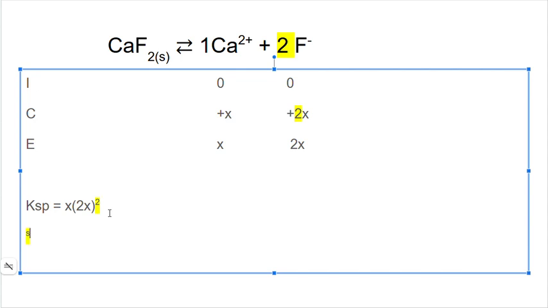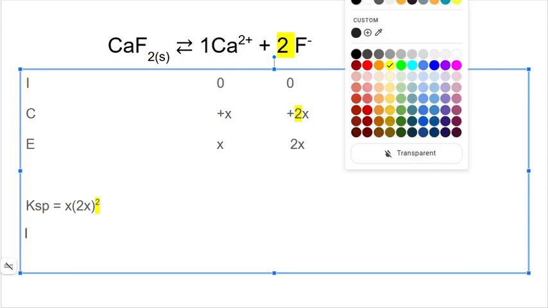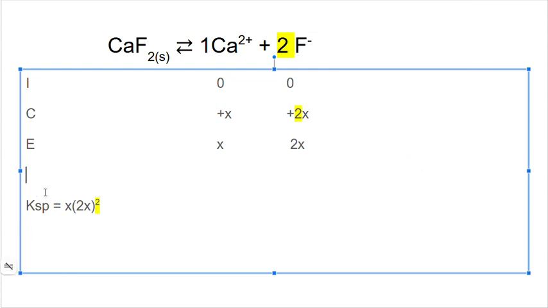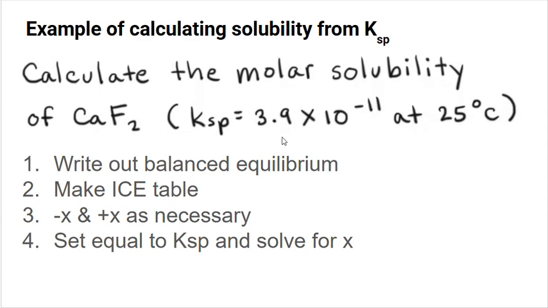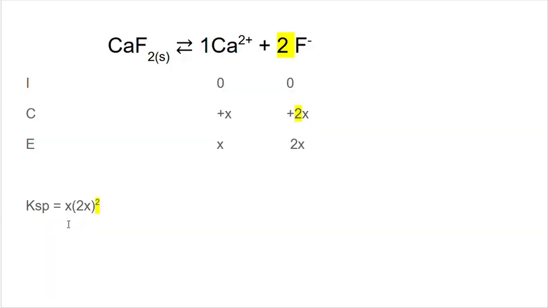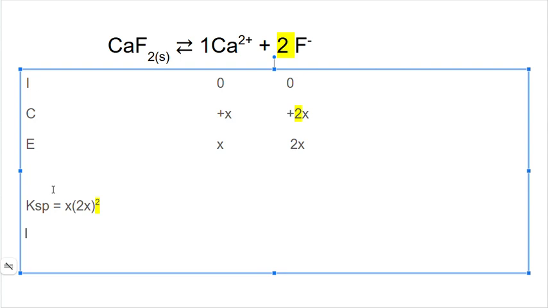Then I'll turn the highlight off to transparent. Perfect. Now, the Ksp value that they gave me in the previous problem was 3.9 times 10 to the negative 11th.